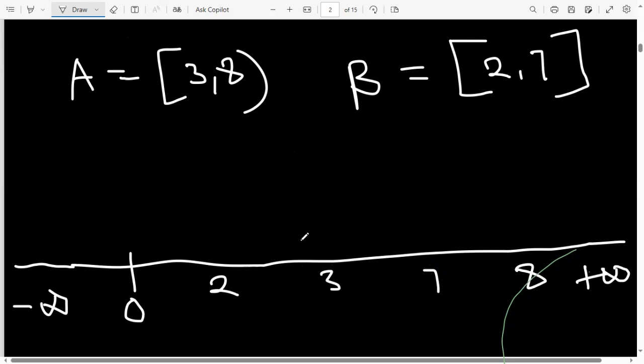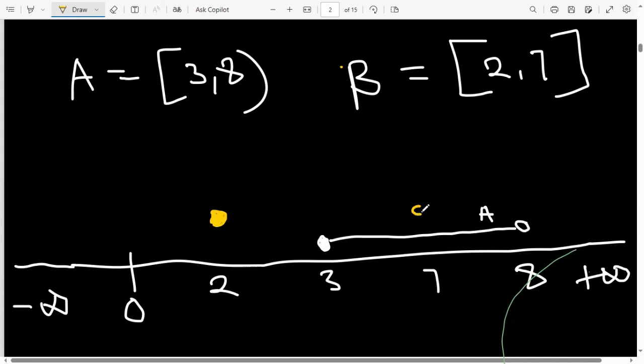Okay, so we're going to start with set A. I'm going to plot it in white. So I'm going to shade where the 3 is, and then I'm going to go all the way to what? To 8, like this. So this is our set A. And then let's plot set B in another color. Okay, let's use yellow. So set B says that the 2 is included and the 7 is included. So I'm going to shade this part here.